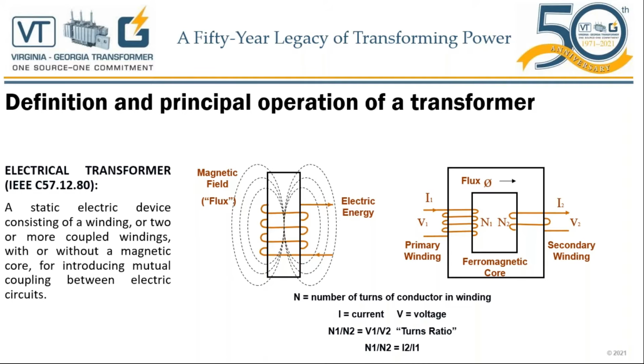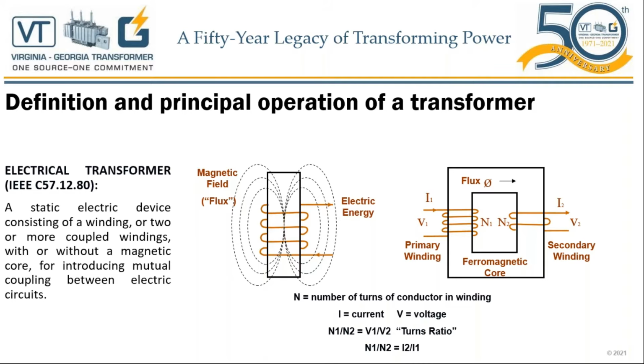It is a static electric device consisting of a winding or two or more coupled windings with or without a magnetic core for introducing mutual coupling between electrical circuits. So as we know, moving electrons, which is called a current, create a magnetic field, and this magnetic field affects the other, stationary electrons, causing the electromagnetic force.